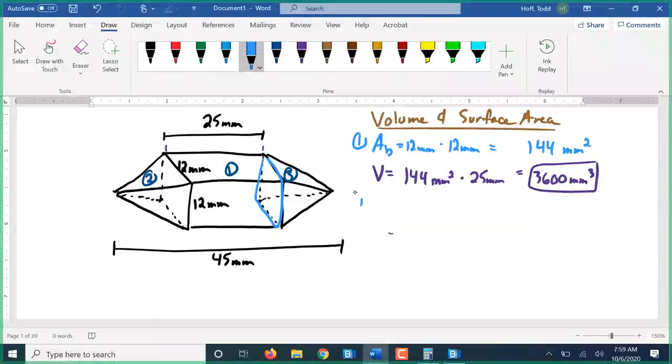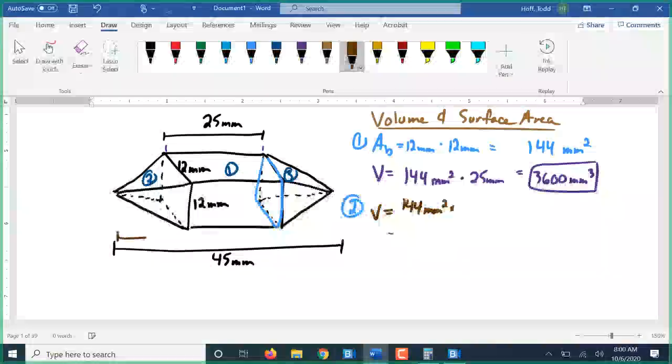For the pyramids, for pieces 2 and 3, I'll just do piece 2 for now. We have the area of the base is the 144. The height, well, it's going to be 10 millimeters on each side here.